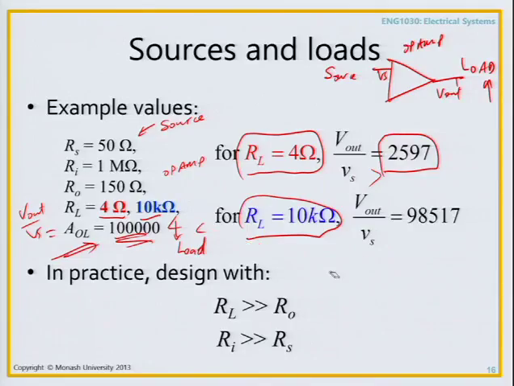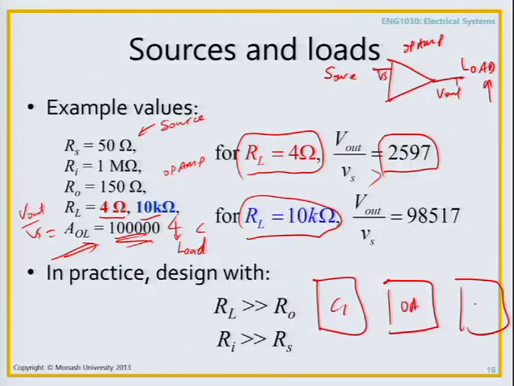For the vast majority of the stuff you do in ENG1030, it is sufficient to assume the ideal op-amp. But when you start getting into more useful circuits, where you're putting together blocks of circuits, so this might be circuit 1, this might be an op-amp, and this might be some circuit 2, and you start hooking them together, you need to start thinking about what resistance this side has and what resistance this side has, and put that in terms of the parameters of the op-amp.